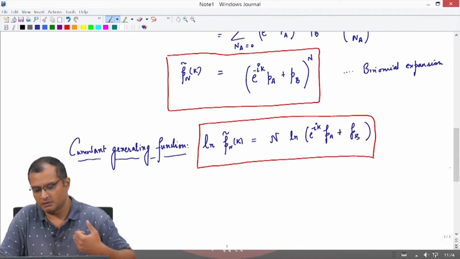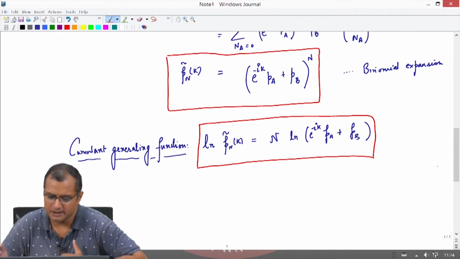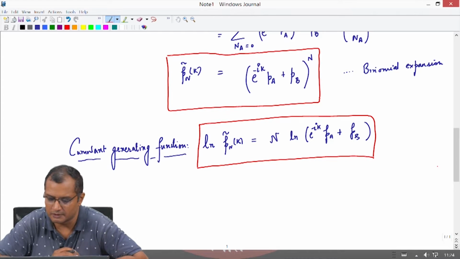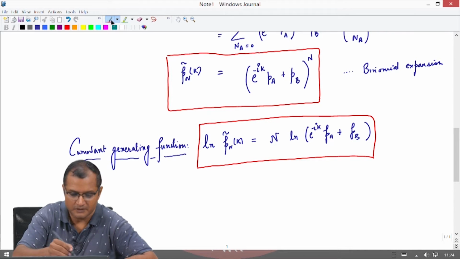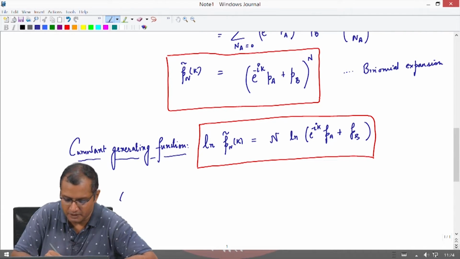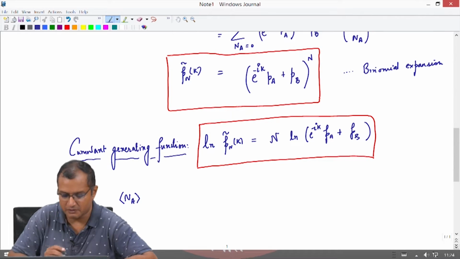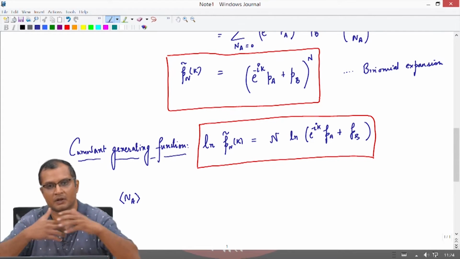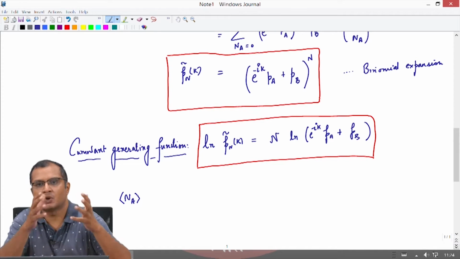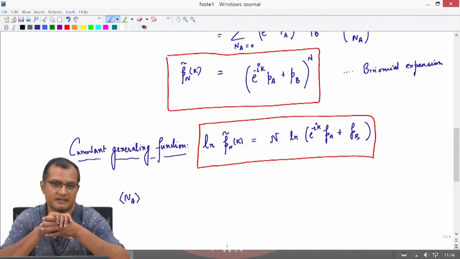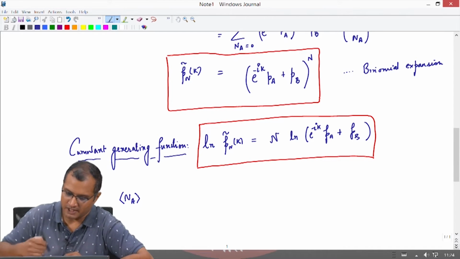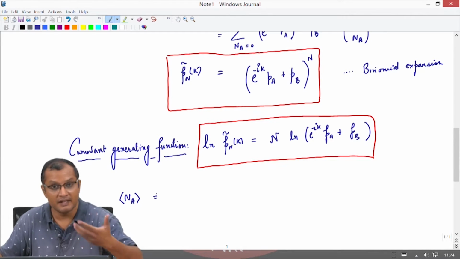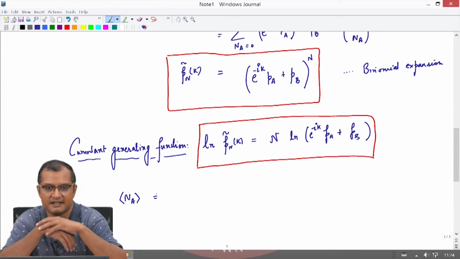Okay. So, I just want to mention something here, that if you look at your characteristic function, it is very easy to compute, let us say, the mean of NA. Okay. So, for example, if you toss a coin n times and you want to know what is the average number of heads that you can get, well, the answer is straight away in front of you, because you know that this coin has only two sides, heads and tails.